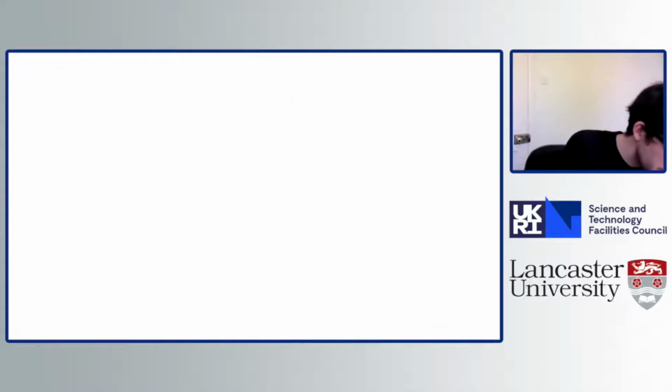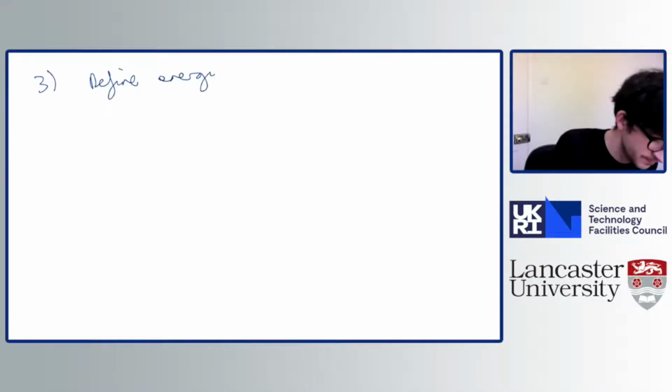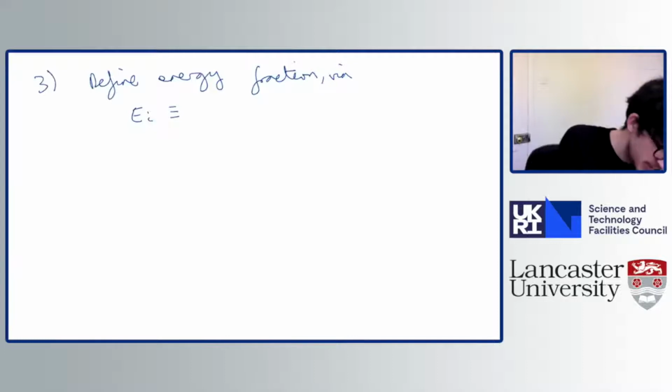Okay, so step 3 is to define this thing. Let's define an energy fraction. So I'm going to say the energy E_i, with i being 1, 2, or 3, is equal to x_i root S over 2.